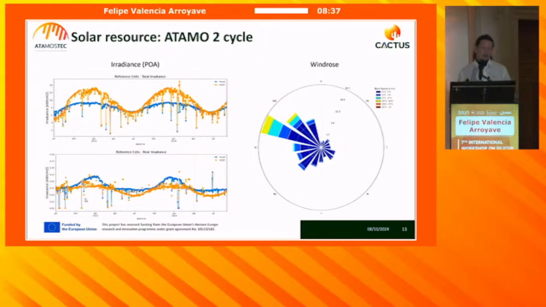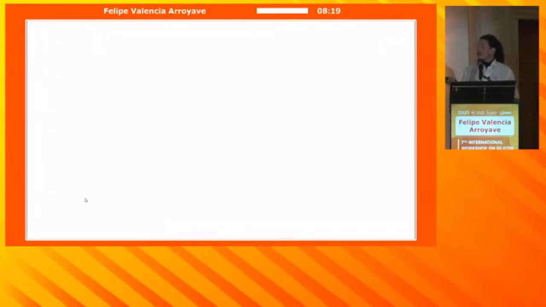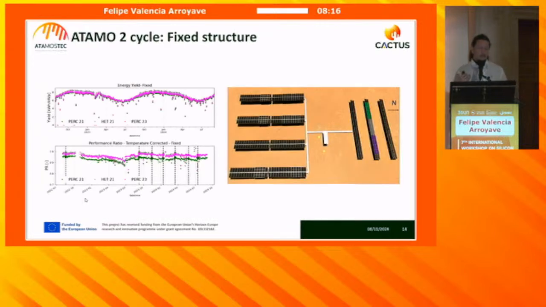For the Atamo 2, we just have 2 infrastructures, vertical single axis tracking and a fixed one. As you can see, the irradiance is more or less the same that I showed before. The windrose is pretty much the same. But what is changing is how the technology behaves.